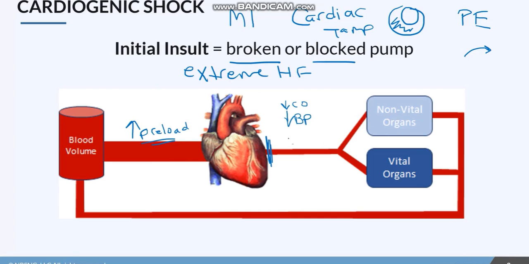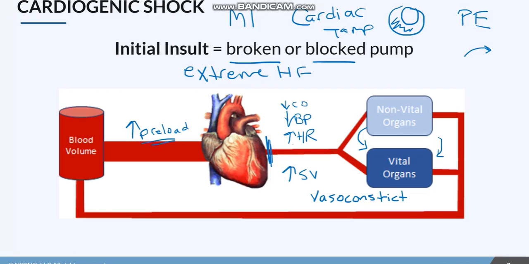And just like we saw in hypovolemic shock, our body tries to compensate. So when we have that decreased cardiac output, our heart rate is going to increase to try to compensate for that decreased output. And then we also see that vasoconstriction to try to shunt blood to the vital organs and back towards the heart. Okay, so that vasoconstriction causes our afterload to increase.